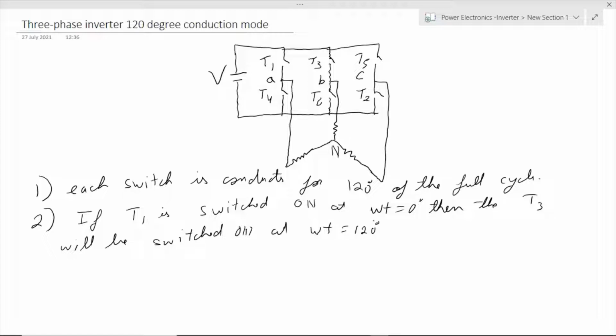So each phase should be displaced by 120 degrees. We discussed this in the previous lecture as well. And T5 will be on at omega t equal to 240.